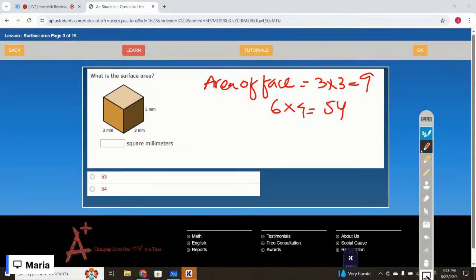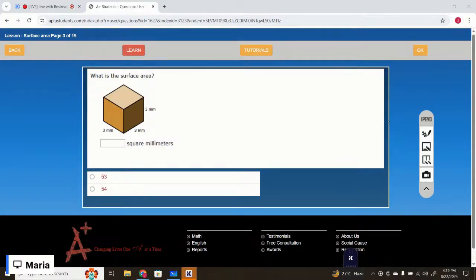So the area of each face is 54. Option number 2 is the correct option, that is 54. Okay, you can complete the lesson by yourself later today. Let me just move on to the next lesson.